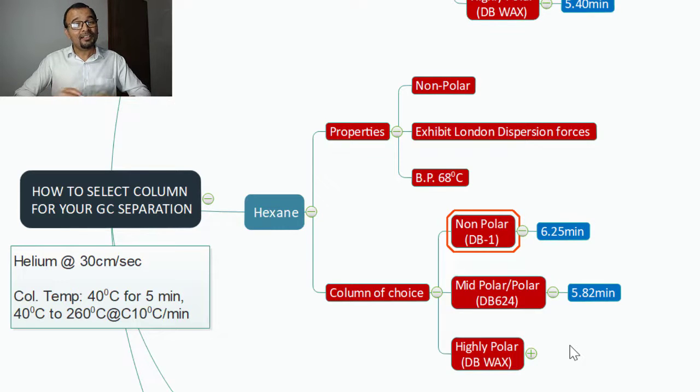But when 6 percent of the dimethyl polysiloxane stationary phase got replaced by cyanopropyl phenyl, the column's polarity increased, and hence the likeliness of interaction of a non-polar compound with the stationary phase, which is now becoming 624, has slightly reduced, and that has resulted in a reduction in the retention time, which is 5.82 minutes.